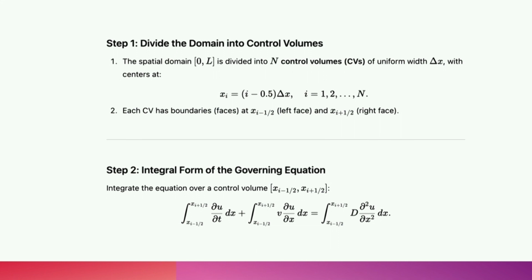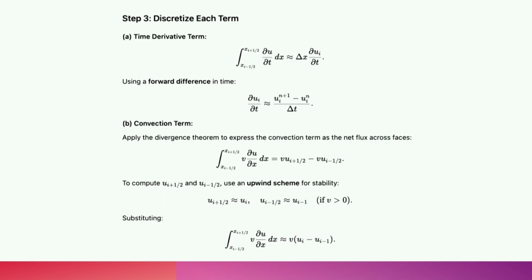We just did the integration from the left face to the right face, i minus half to i plus half, of the time dependent term, the convection or advection term, and the diffusion term on the right side. Now, one by one we have to discretize.